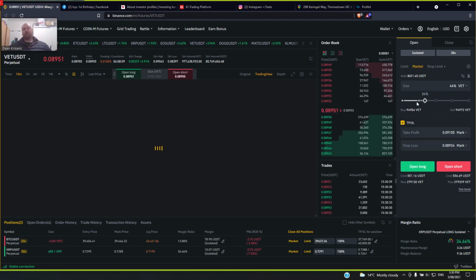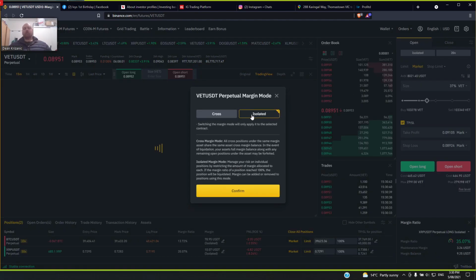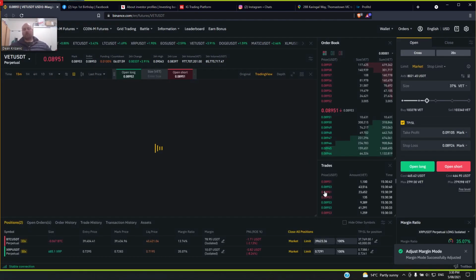So when it says here, it will just liquidate whatever the cost is. But if you put it on cross and you don't put any stop loss, then yeah, it's going to subject your entire account, and that's when you start seeing your account move up and down. And you don't want to see the account move up and down.